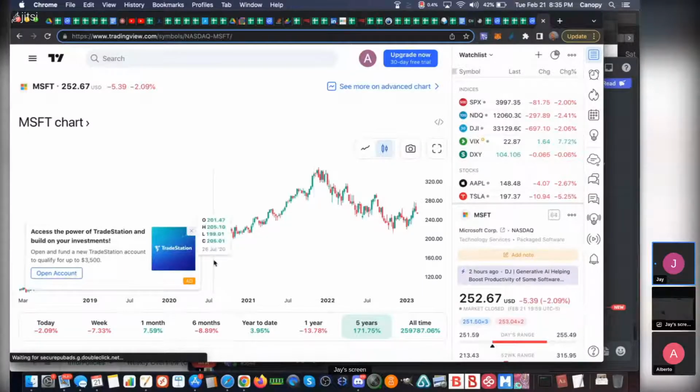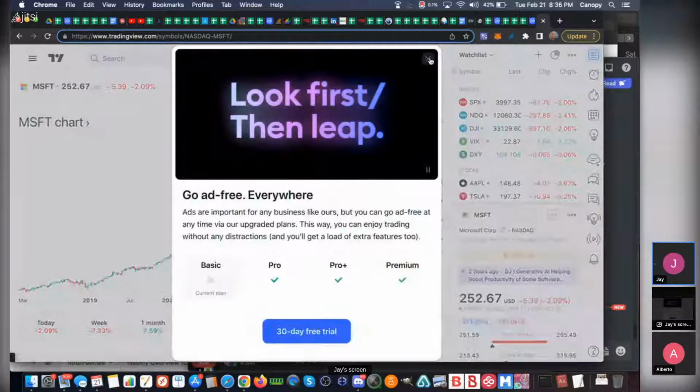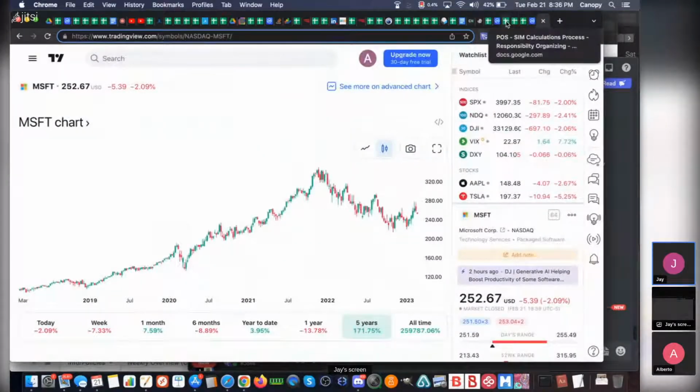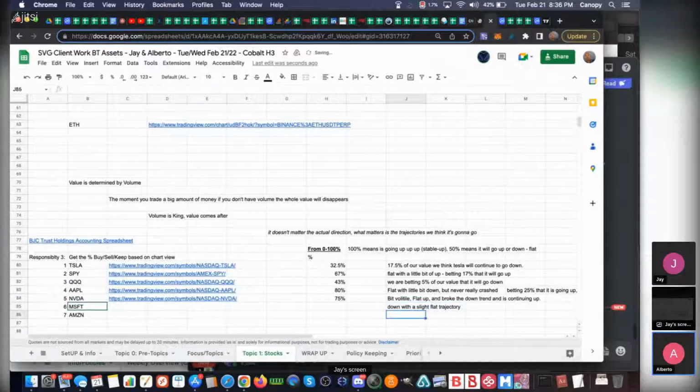I mean, this just looks like it peaked and now it's just going down. I mean, it's kind of flat. I would say a down with a slight flat trajectory. Yeah. So maybe like 25%.